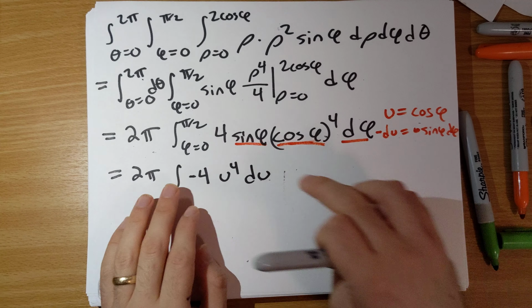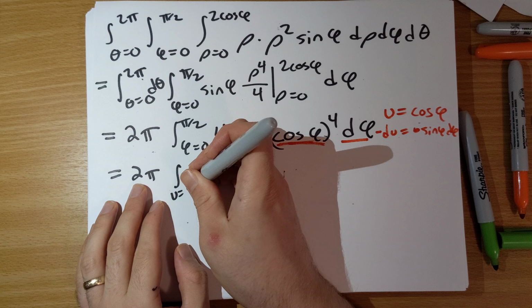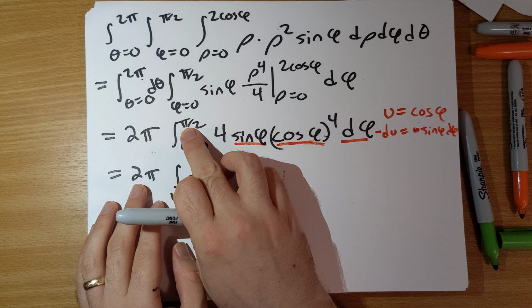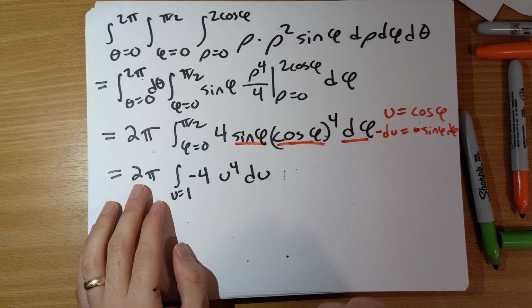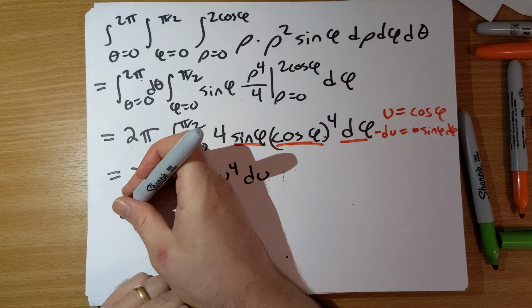What are our new bounds here? When phi is 0, cosine 0 is 1. When phi is pi over 2, u is cosine pi over 2, which is 0.